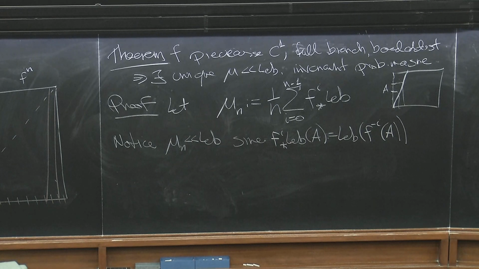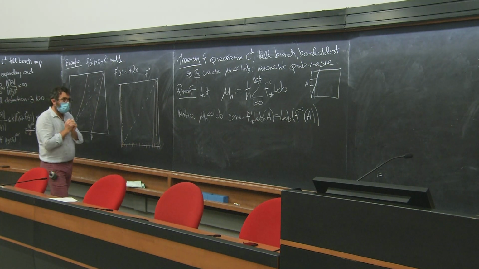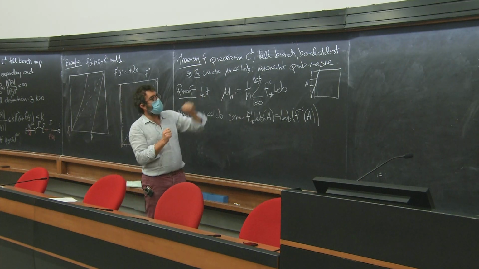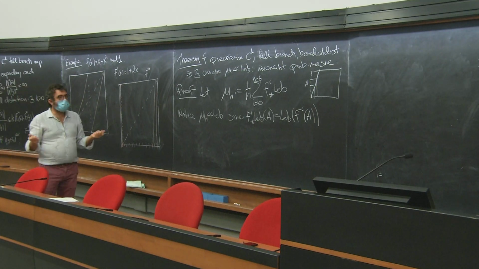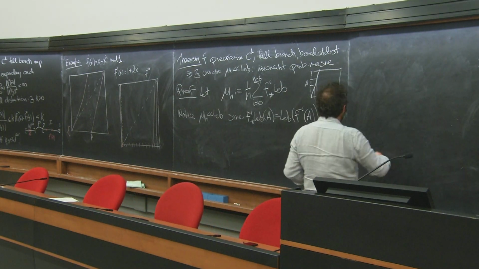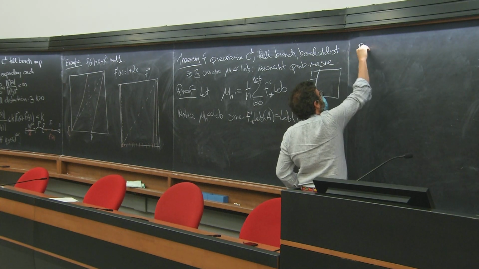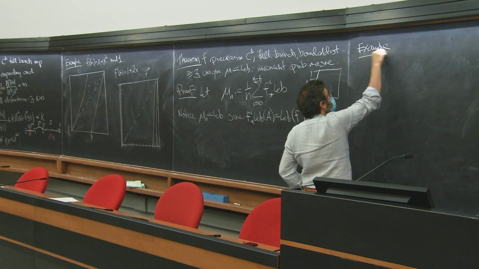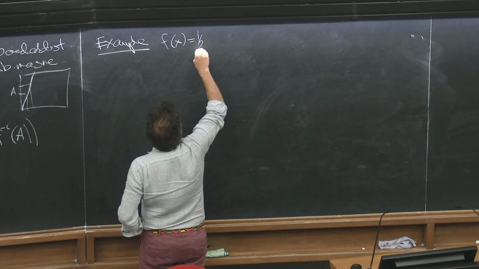So does that mean that a limit point will also be absolutely continuous? Do we get the absolute continuity for free? Let's look at a very nice, detailed example where we can do this calculation exactly. Take the map f of x equals 1/2 of x.